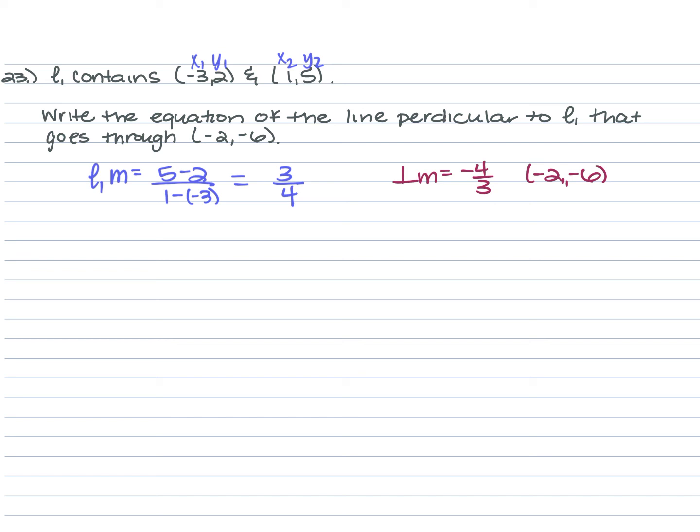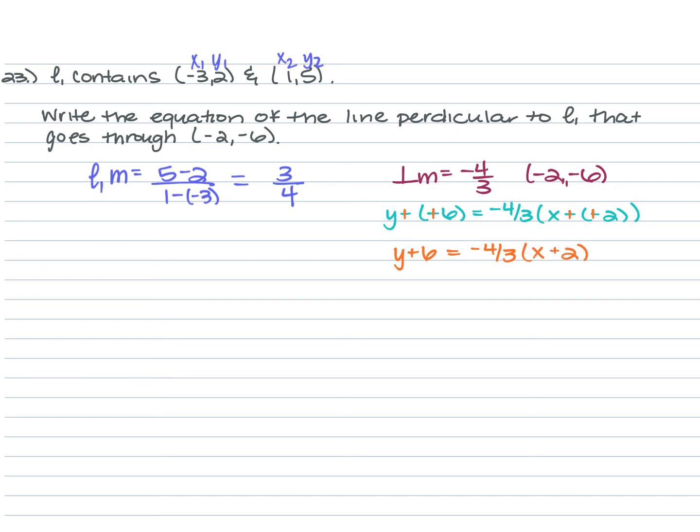You're going to have y minus negative 6 is equal to negative 4/3 times x minus negative 2. The two negatives turn into positives, so we're going to rewrite this as y plus 6 is equal to negative 4/3 times x plus 2.